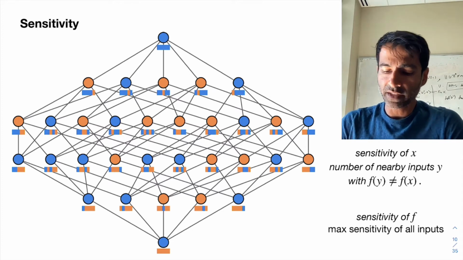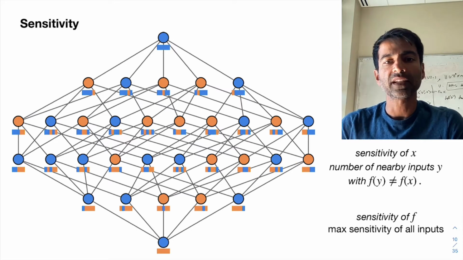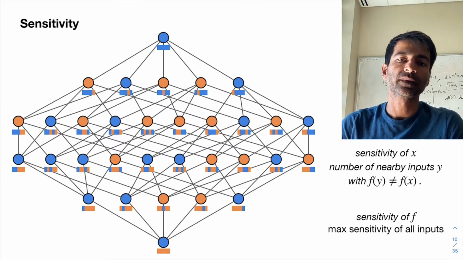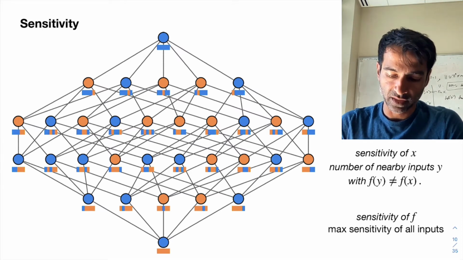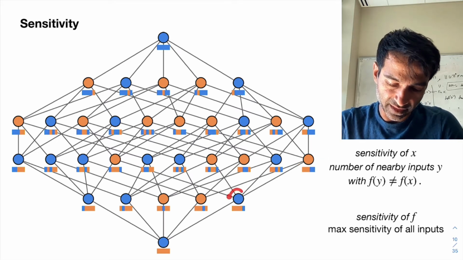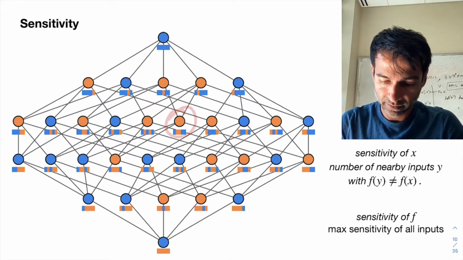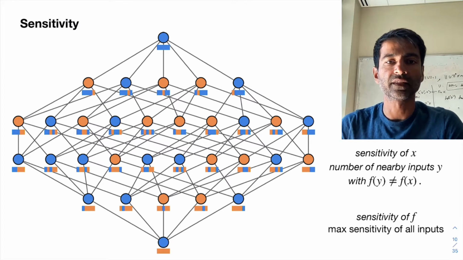The sensitivity of a particular input is the number of adjacent inputs that have a different value under the function. Okay. So for example, this input has these neighbors, and two of them have a different value, so the sensitivity of this input is 2.